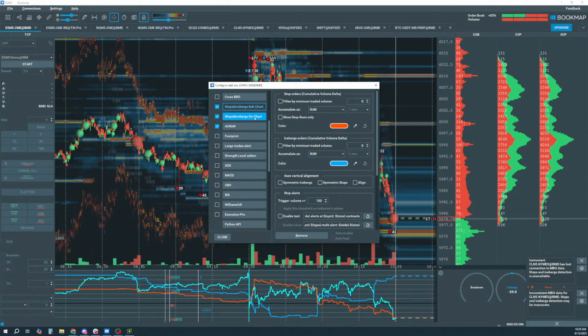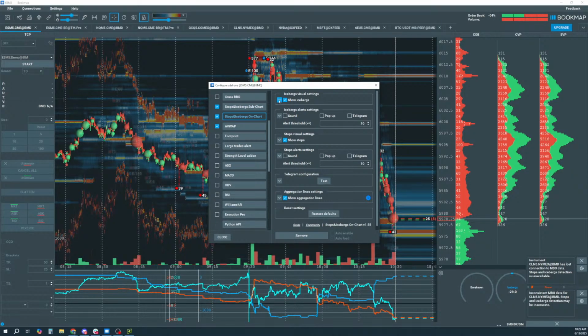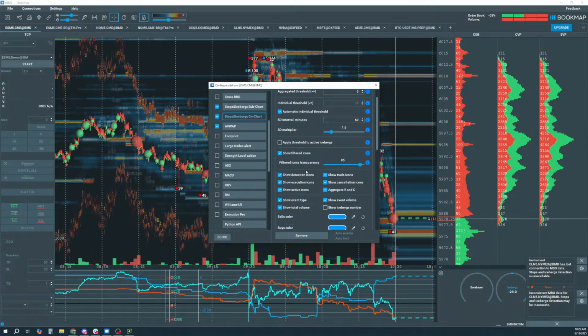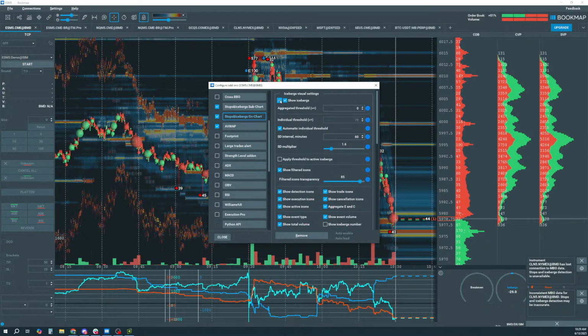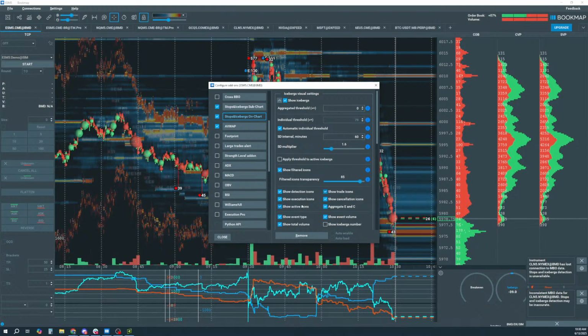And then there's a sub chart and there's the on chart. And then to show the icebergs on chart, you want to see the icebergs here, aggregate C and E. Just check these boxes in here, like show trade icons, right? If I take that off, oh, it's not that one, it is execution icons, right?